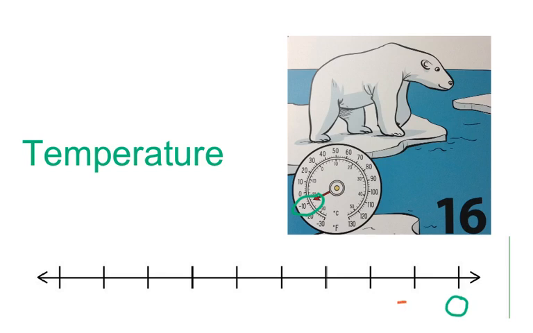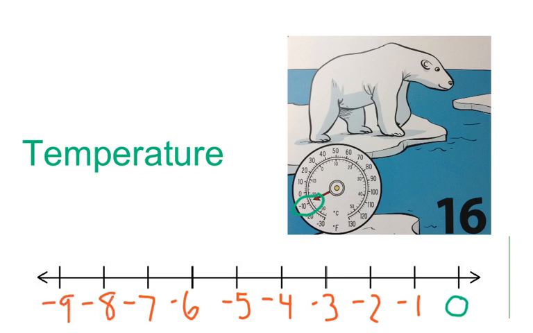So we would say -1, -2, -3, -4, -5, -6, -7, -8, -9, and somewhere over here would be -10. It's just like a normal number line, but going in the opposite direction. You won't do much with negative numbers until you get much older, but I wanted to explain -10 degrees. That's super, super cold.